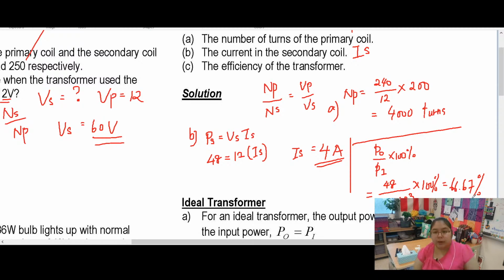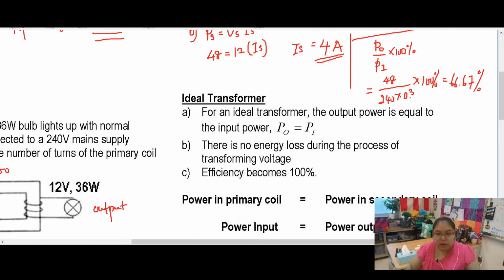Okay. So from here, if no problem, then we need to continue to the ideal transformer. Just now I told you what an ideal transformer is. Let's see the definition. Ideal transformer means output power equals input power.